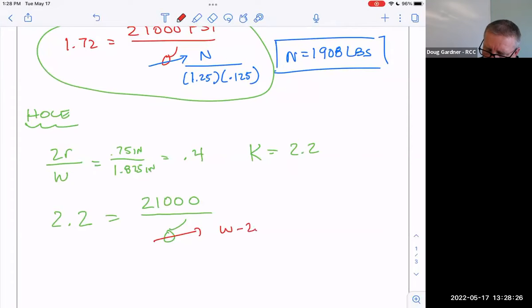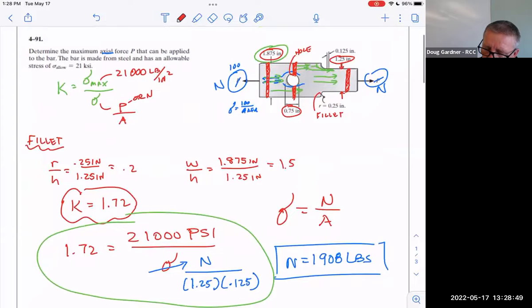So this was width minus 2r times t, and that was just the area, right? And so it was N divided by that. So if I come in here and say, well, my width was 1.875, my 2r completely was 0.75, and my thickness, wasn't that 0.125?